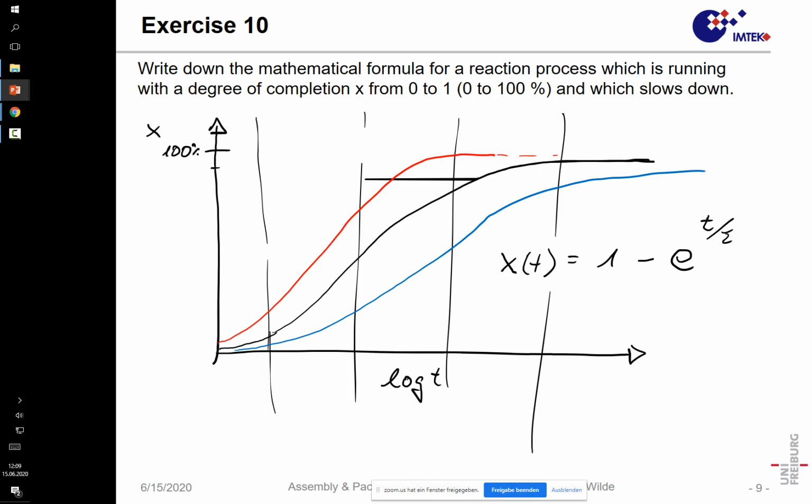Okay, now the question is, here we had the different temperatures. So we had T3, which is larger than T2, which is larger than T1. My question to you is, which formula can we use in order to describe reaction rate for a chemical reaction?